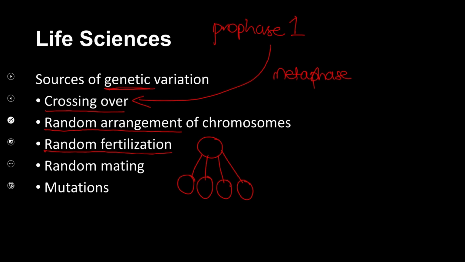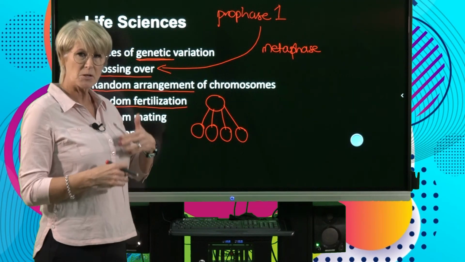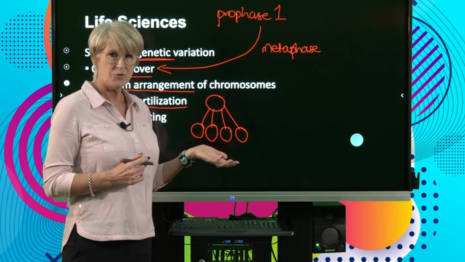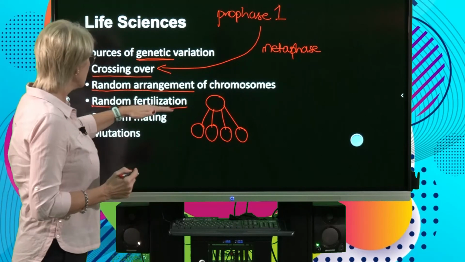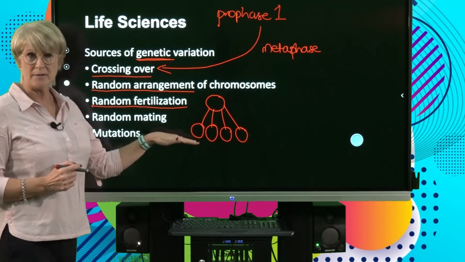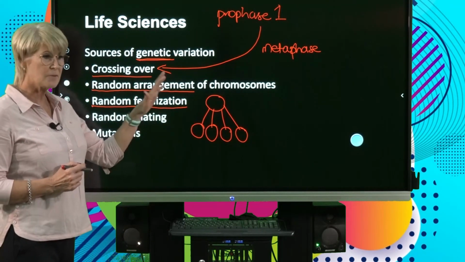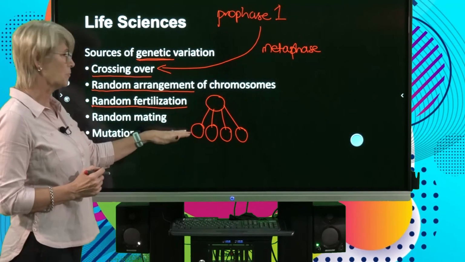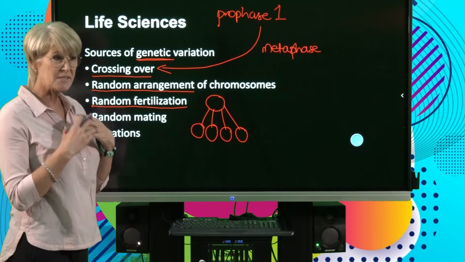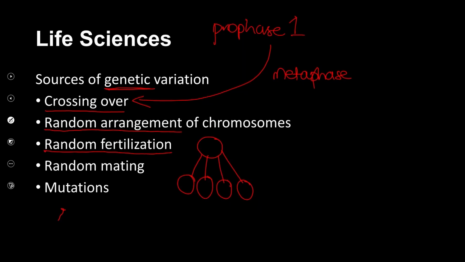If these are sperm cells, any one of those 4 would have the chance of fertilizing the ovum. So we don't know which one. Remember, there are thousands and thousands of sperm cells produced. That is why we say fertilization is random, and because of that randomness, it brings about genetic variation.